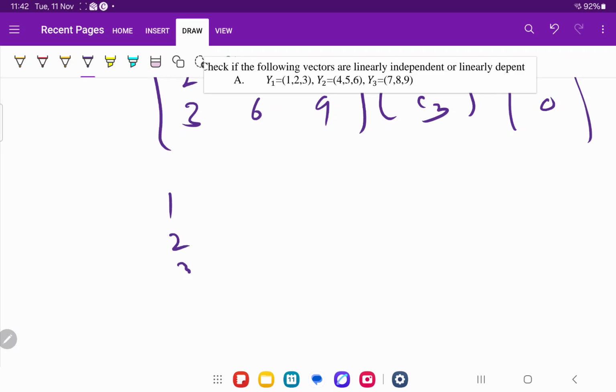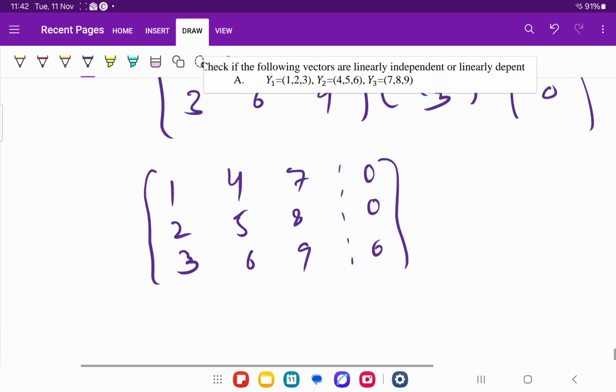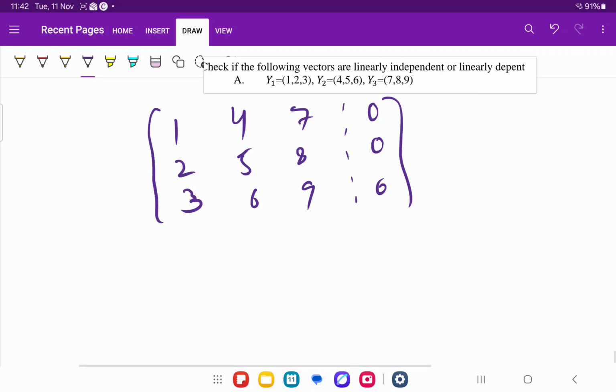1 2 3, 4 5 6, 7 8 9, dot 0 0 0. So we have written the augmented matrix, because our objective is to find the value of c1, c2, c3. Now we will apply the row operations again.